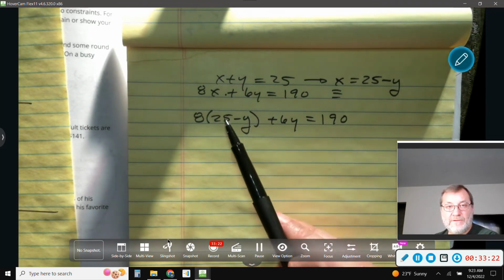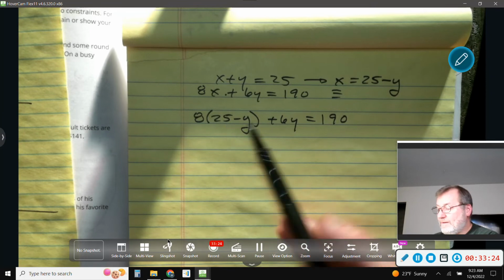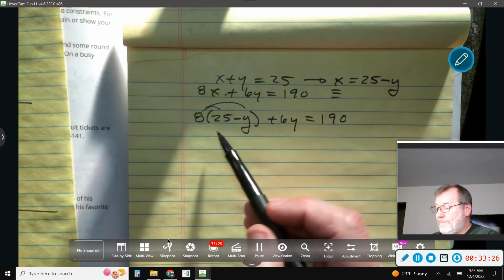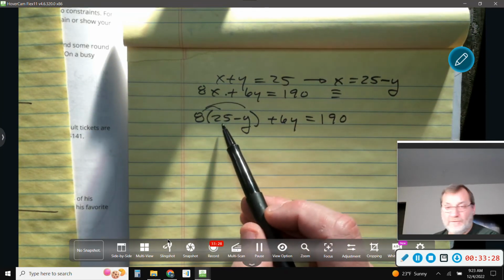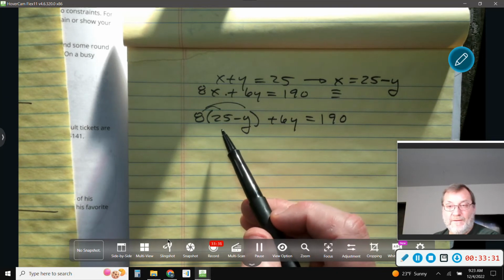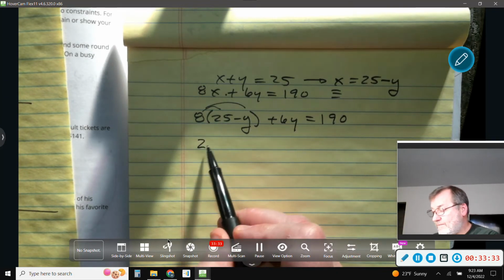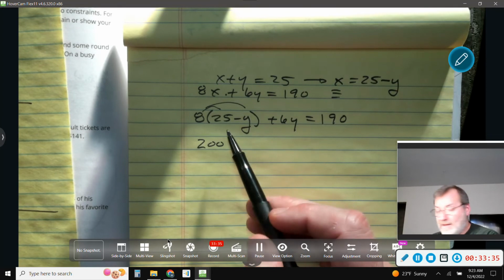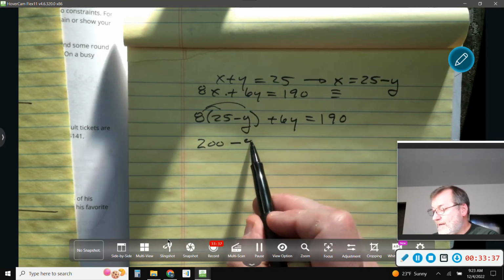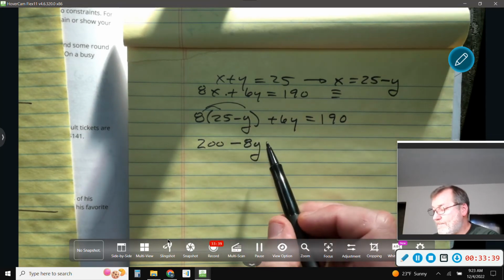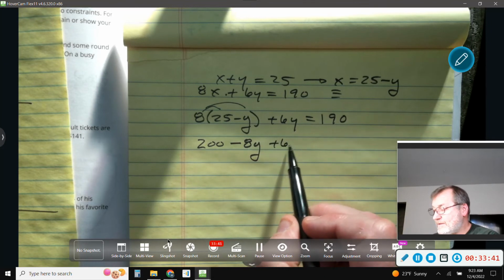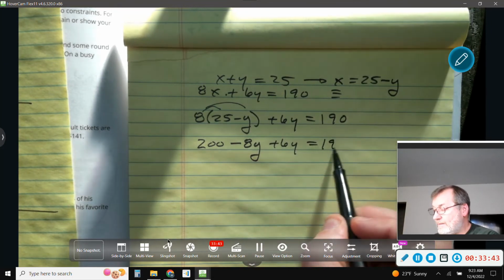I just simply substituted in the x value. So I need to distribute. 8 times 25. Well, if you have 8 quarters, how much do you have? You have $2, or 200. 8 times y, that's a minus 8y. And then I have a plus 6y, and that equals 190.